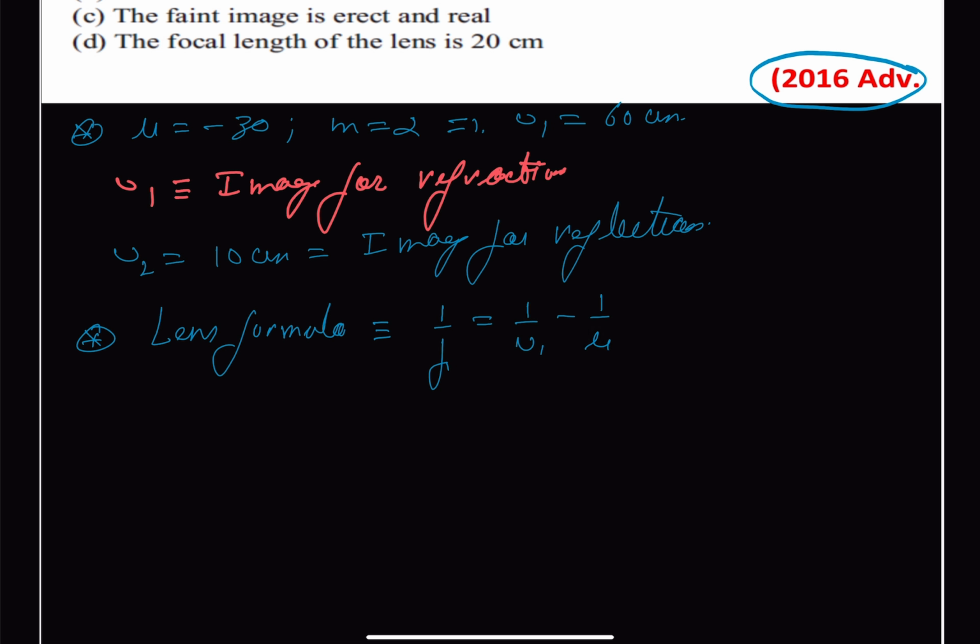Substituting the values, we get 1 upon 60 minus minus 30. So this gives us f1 as 20 centimeter.